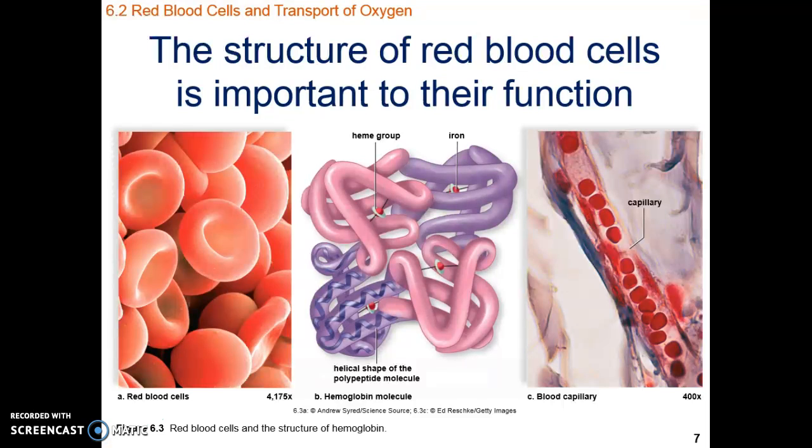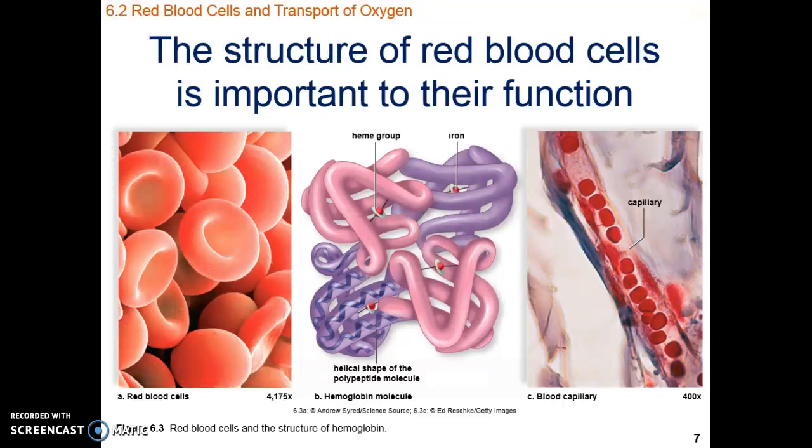And you can see that in the middle, you have an iron molecule. So again, where iron is important in your red blood cells is it's part of that heme group, the hemoglobin. You have 4 different heme molecules that come together with the iron to form hemoglobin.